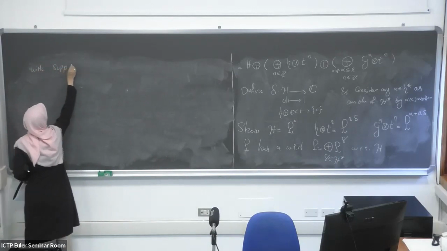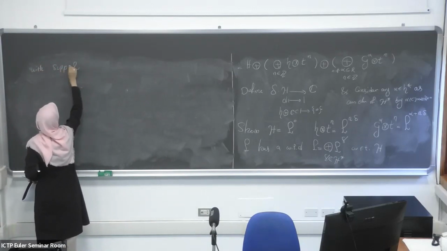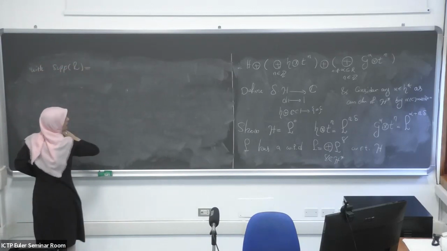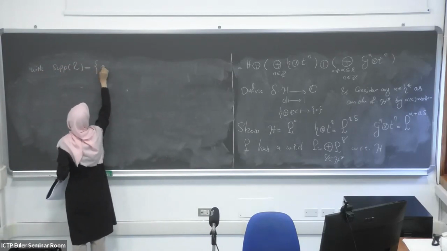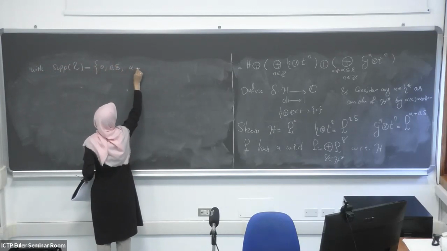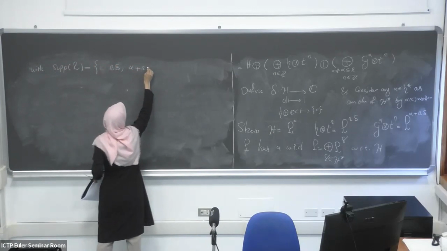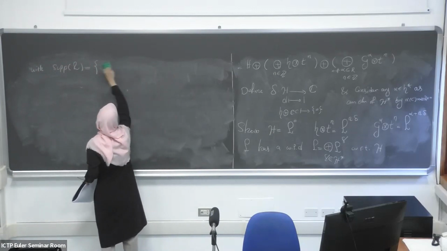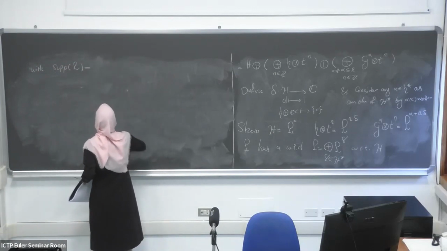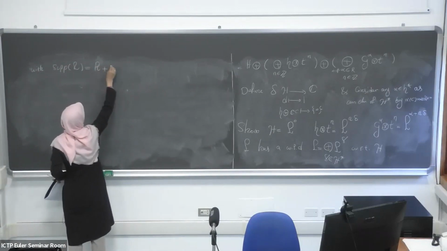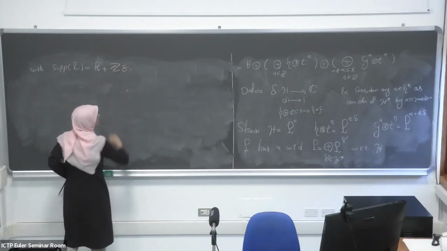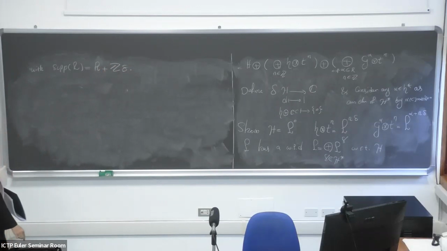Support of L is 0, delta, and alpha plus... it is R plus Z delta. Okay.